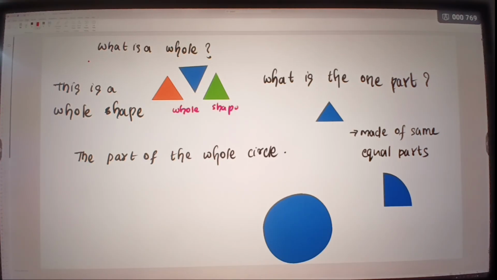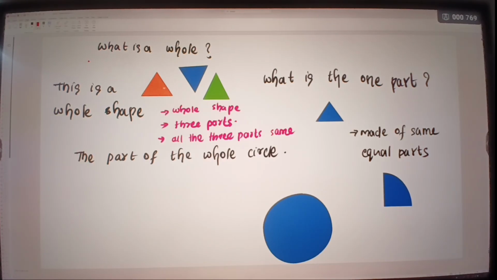So this whole shape is made up of three parts, and we can see that all the three parts are the same. So a fraction means a whole object is divided into different parts and you are selecting one of the parts.